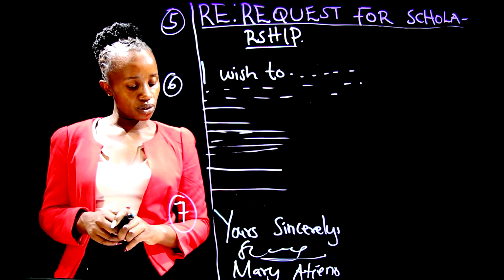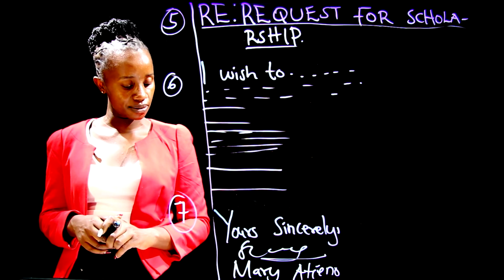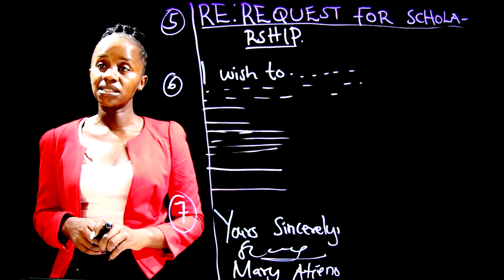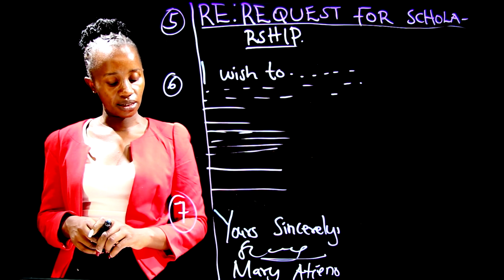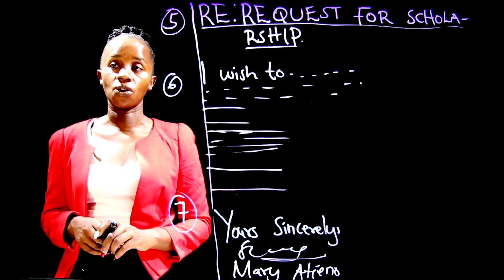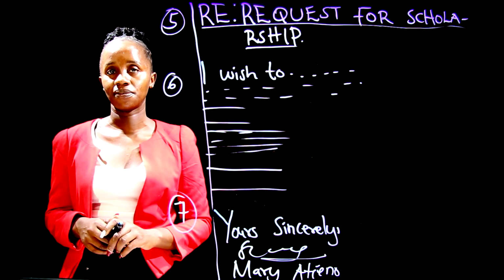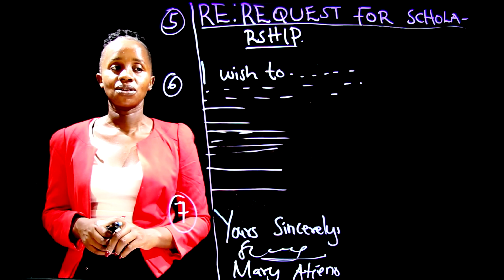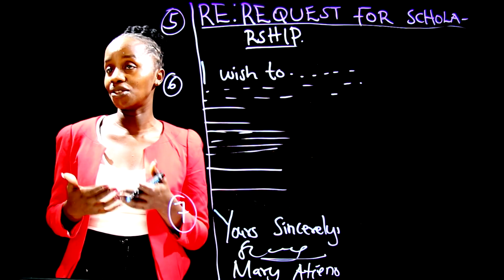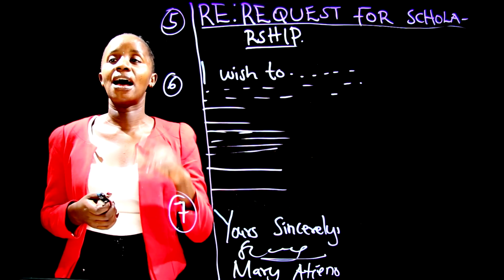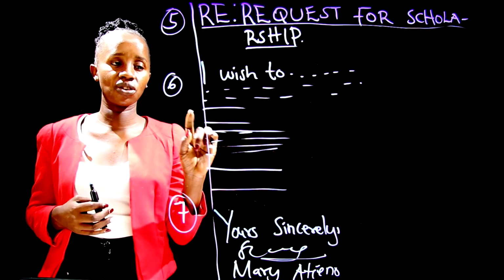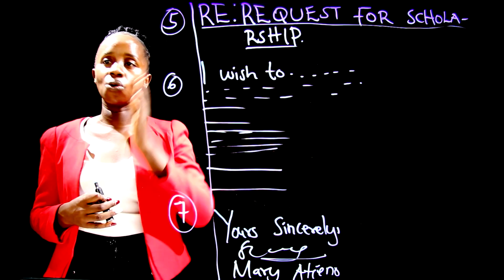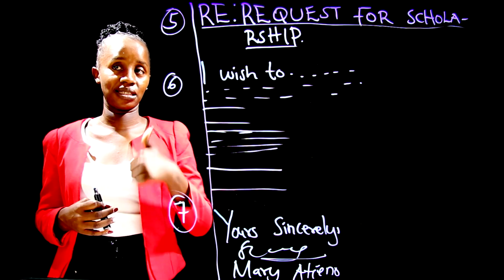You feel that you'd like to go for further studies. Write a letter requesting for scholarship. So just challenge yourself, try it out, and remember, you can pause the video at any point to go back and ensure that you've gotten it right.